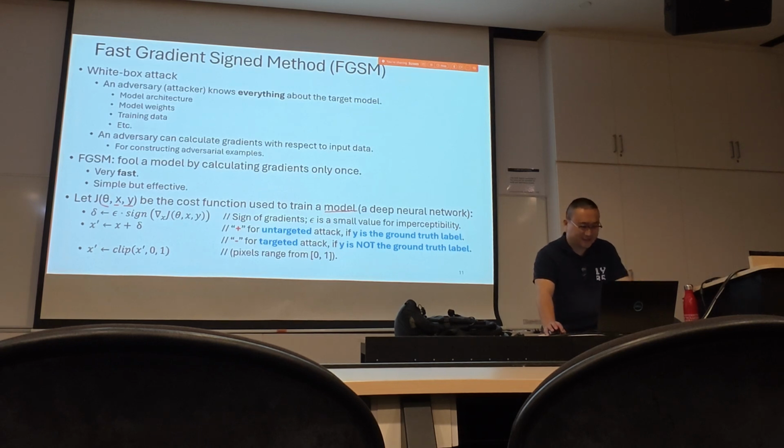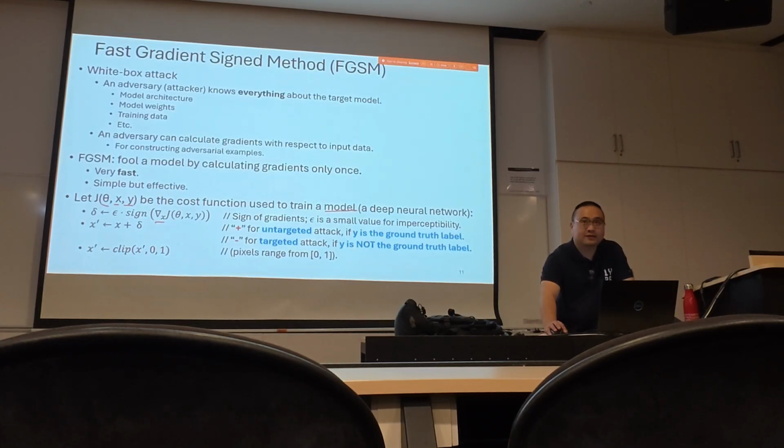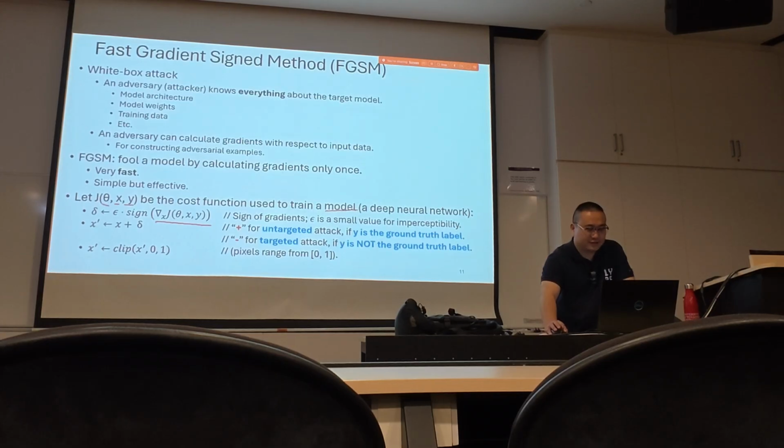Okay, now let's generate the attack. In the first line of the code, we calculate the gradient with respect to the input. The input is an image of a panda. We calculate the gradients, but not with respect to the model parameters. Now, we calculate the gradients with respect to the input image itself.